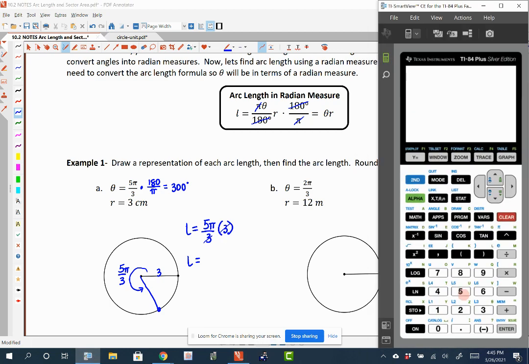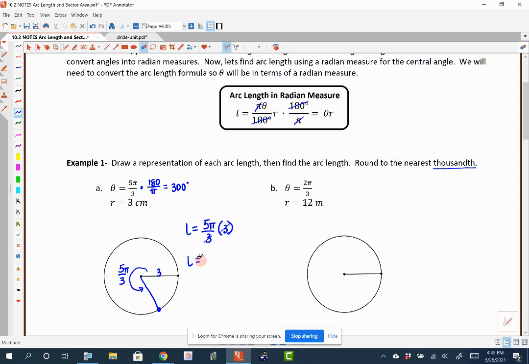So when I go to use my calculator, maybe I just put in the 5 pi and have it approximate that for me. The length of this arc should be about 15.708, because that 9 will round my 7 up. I'm going to change that to an about since we're approximating here. 15.708 as that rounds. And then please put our units when we're given those.